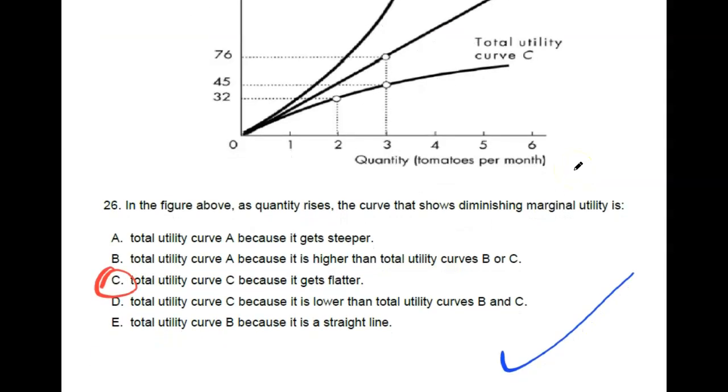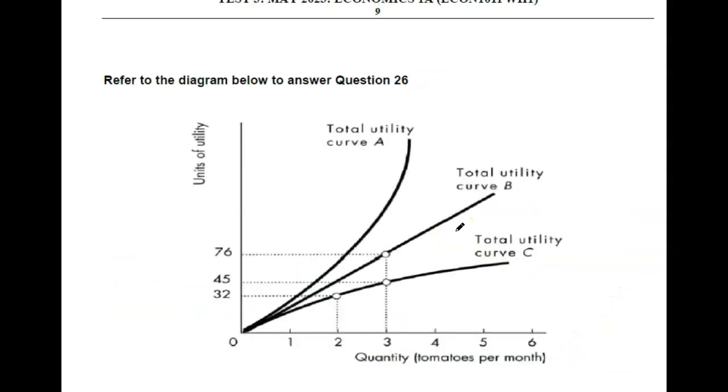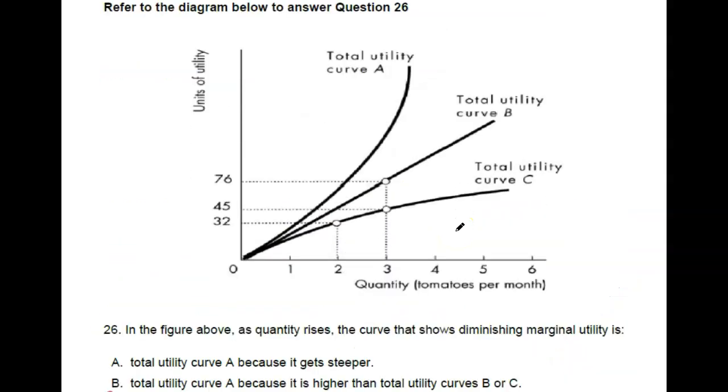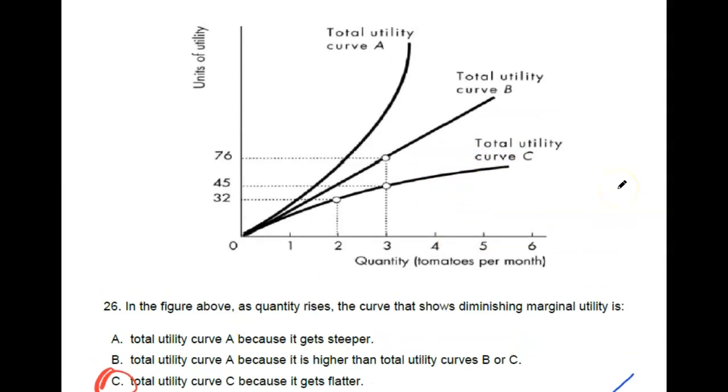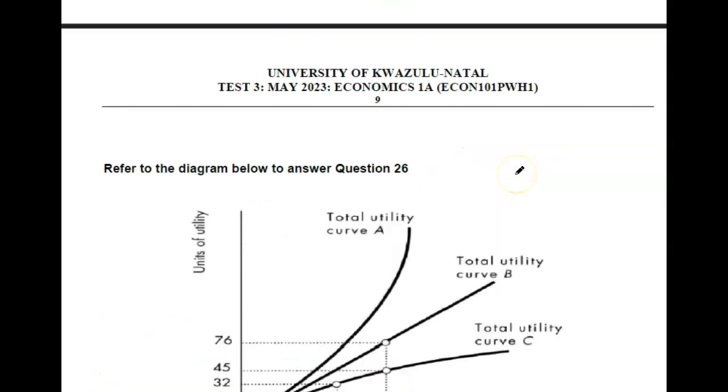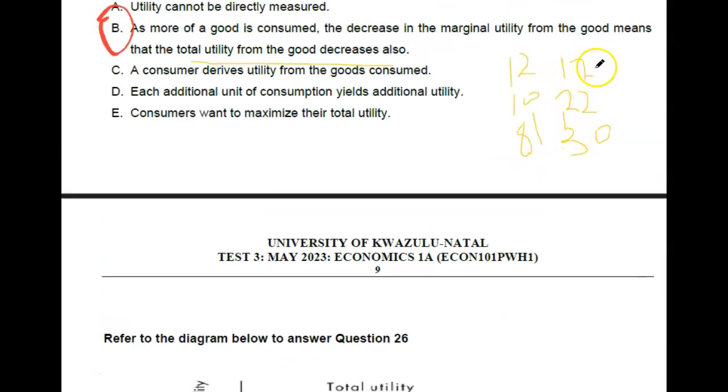Now 26 is asking about the curves that diminish. Which curve best represents marginal utility? Straight away I said C, which is correct, because as you get to total utility, you start maximizing. If you look over here, the difference will become very small.